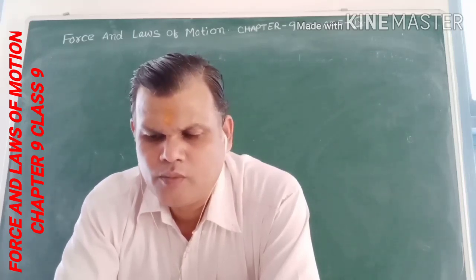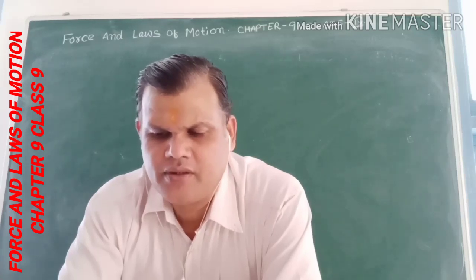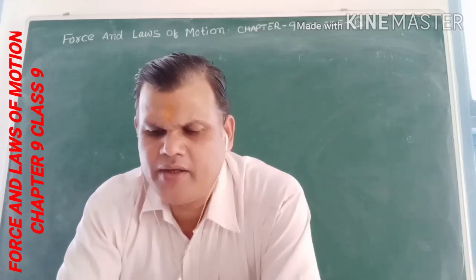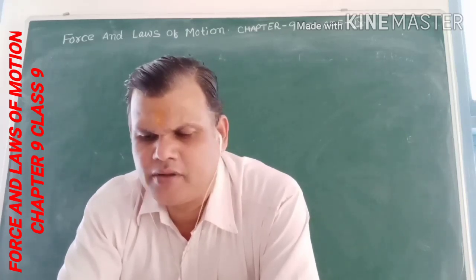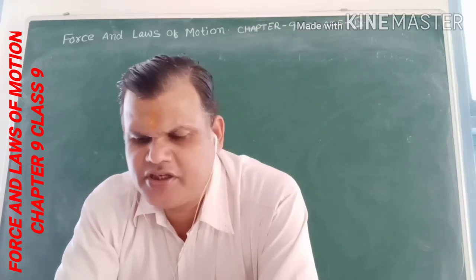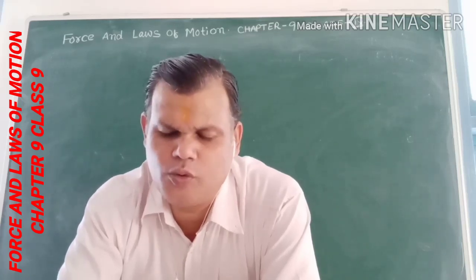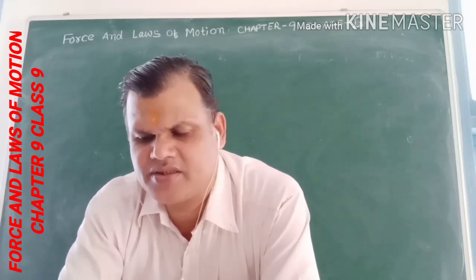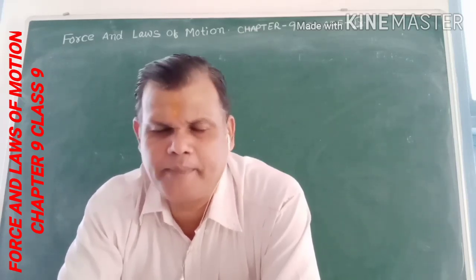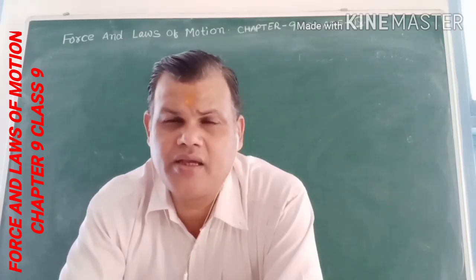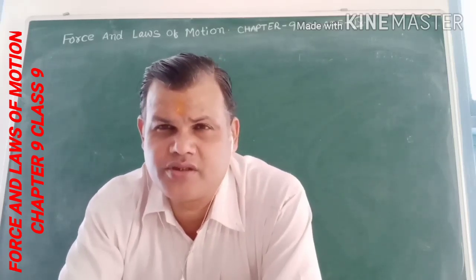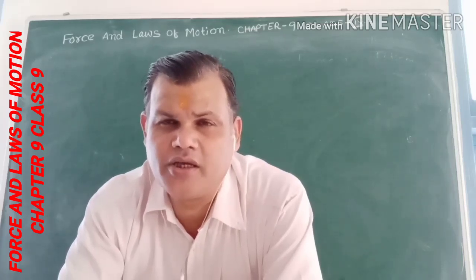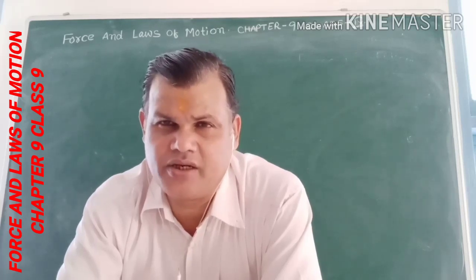Now, an object which is moving with uniform velocity, if the force applied on it is balanced, that is, there is no external force acting on it, continues moving. But to accelerate the same object, we have to continue applying a force. Due to this continued application of force, only the body can be accelerated.